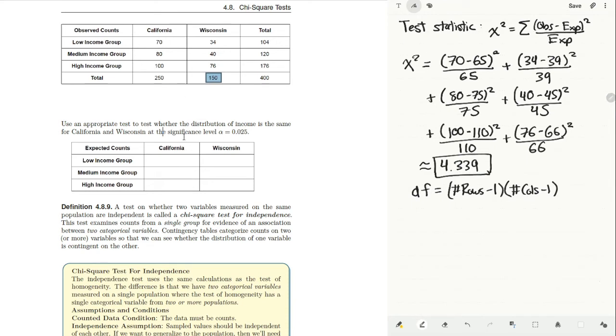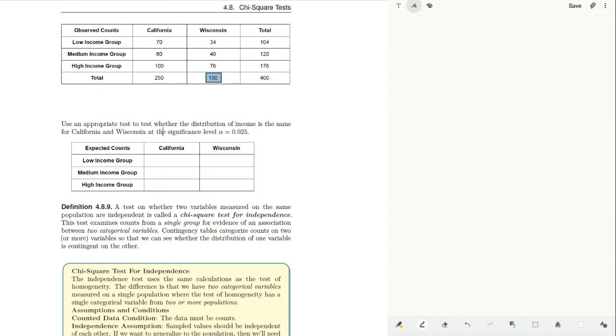So if we look in our contingency table, we have 3 rows and 2 columns. So that means our degrees of freedom will be 3 minus 1 times 2 minus 1, which becomes 2 times 1, which is 2.